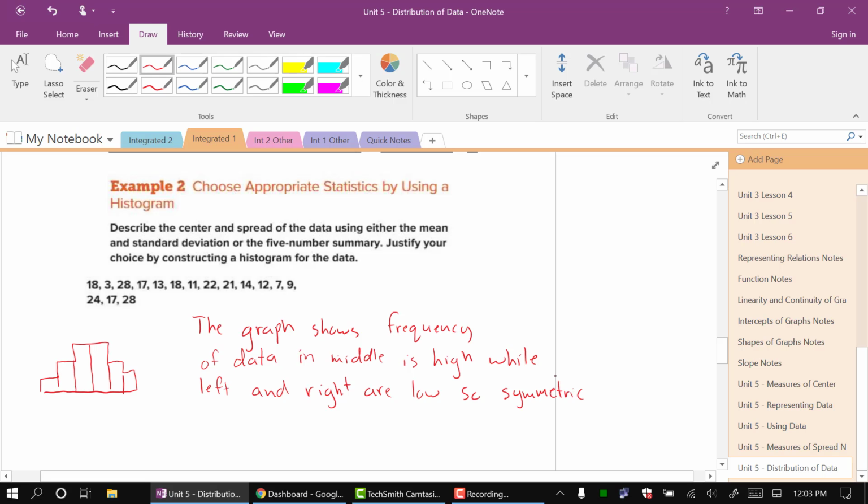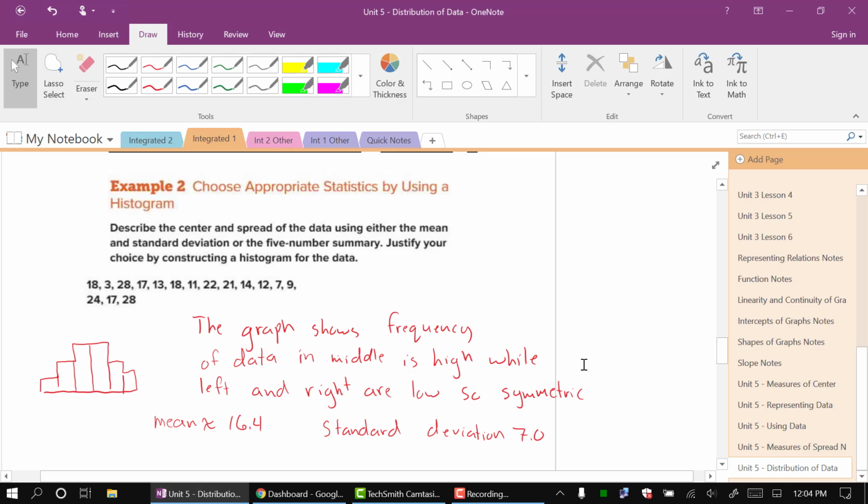And if you look at it, you could basically cut this data in half, and the left side looks pretty much like the right side. If I was to take the mean of this data, it's about 16.4. And if I was to take the standard deviation, I get 7.0, about.